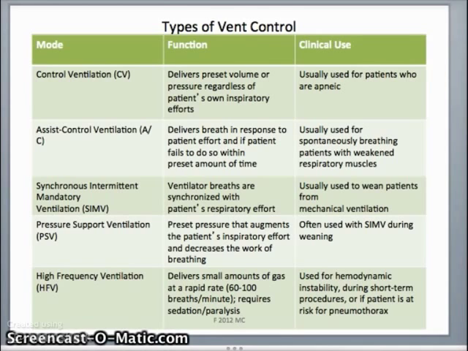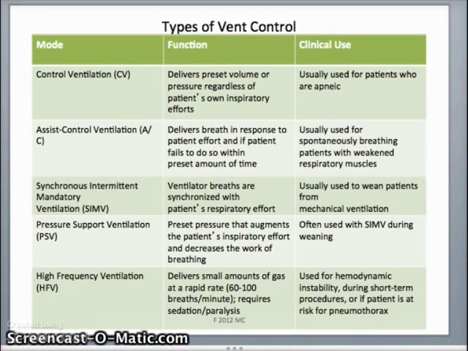And then we have high frequency ventilation, and high frequency ventilation delivers small amounts of gas at a rapid rate, like 60 to 100 breaths per minute. This is used because sometimes one of the complications of ventilation is the patient becomes hemodynamically unstable.